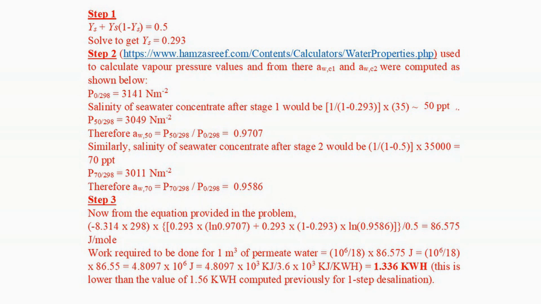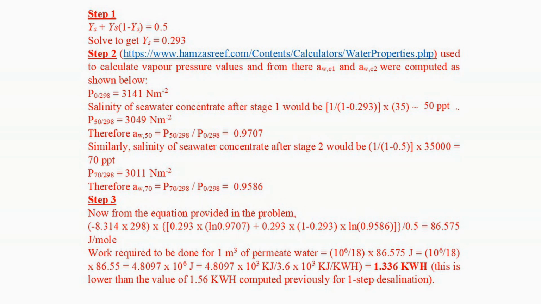Knowing these salinity values, one can then get the vapor pressures at those salinities, and from the equation one would be able to get the activities at those two different salinities, and those values come out equal to 0.9707 after the first stage and 0.9586 after the second stage.